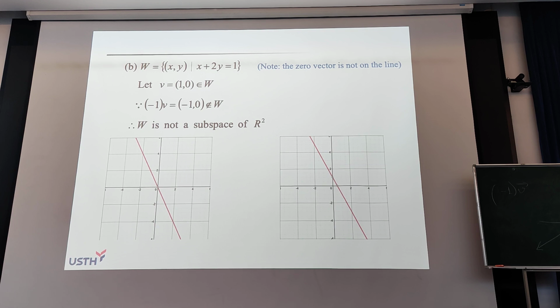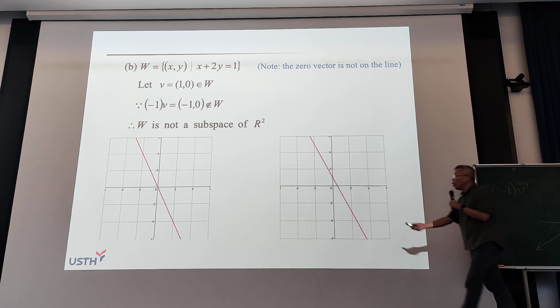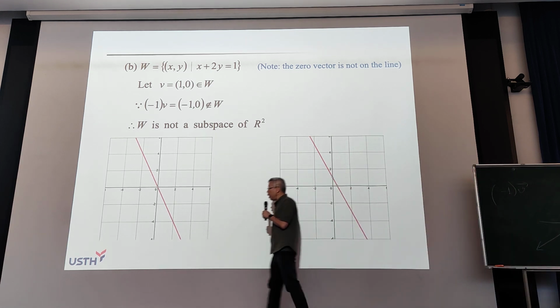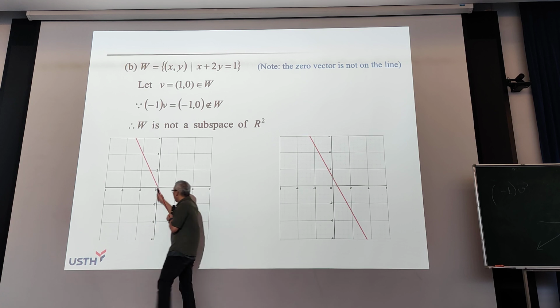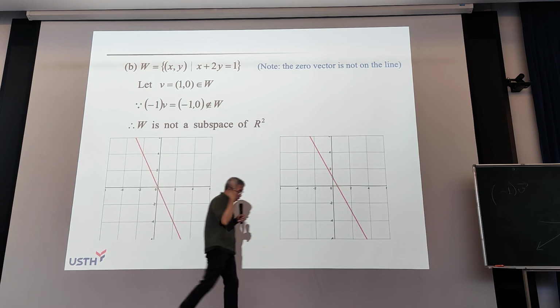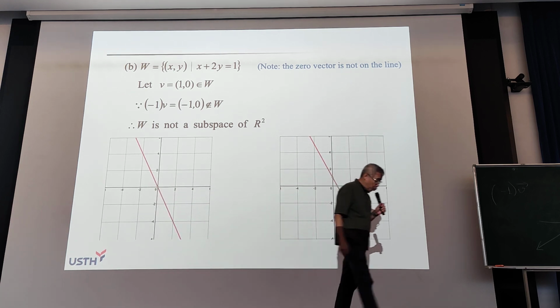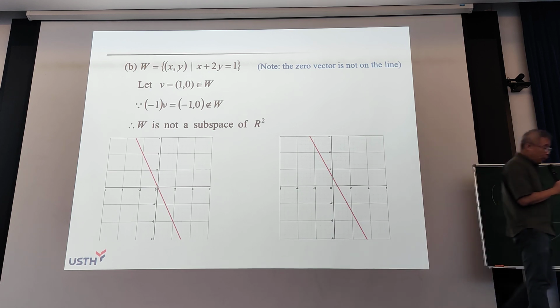However, if you take a look at the picture here, I believe it's very, very easy for you to draw it. The red line here is the set of points for the equation x plus 2y equals 0, and the second one is x plus 2y equals 1.